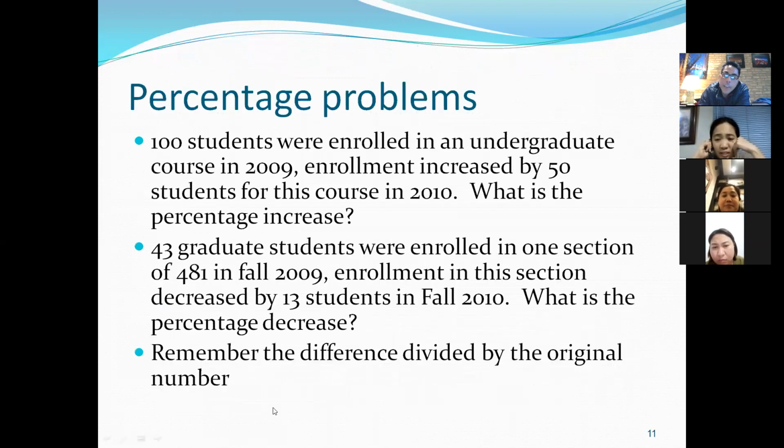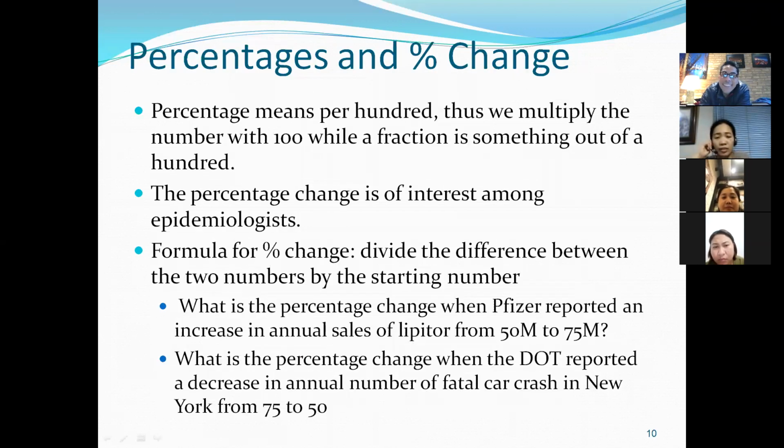But you see, when you do 75 minus 50, that's a negative, right? Yes. So it's minus 25, and then you divide it by 75 and you get 33.3. That's why you say 33 percent decrease, because you have a negative sign.